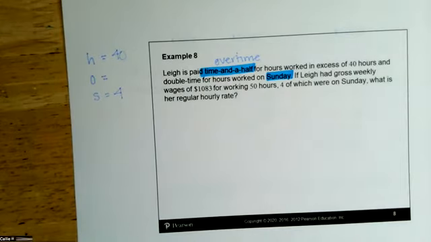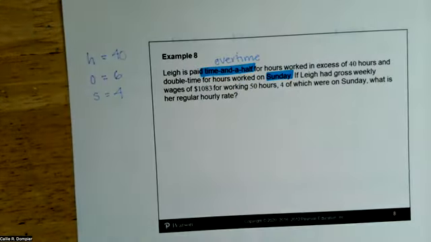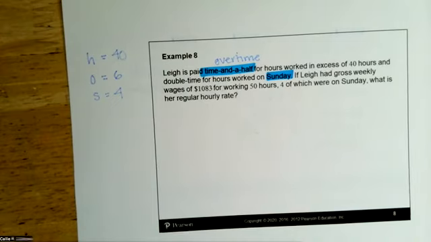And 40 plus 4 is 44, but she worked 50 hours in all. So we're going to say that she worked 6 overtime hours and that the overtime hours did not overlap with the Sunday hours. Okay, so we have 40 regular hours, 6 overtime hours, and 4 Sunday hours.